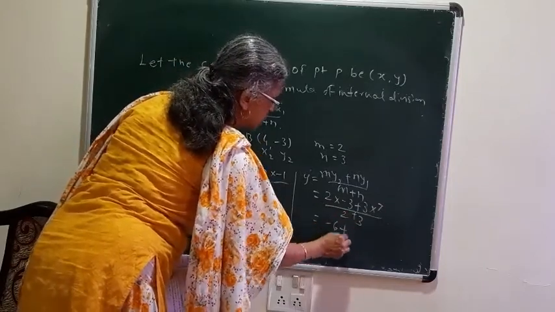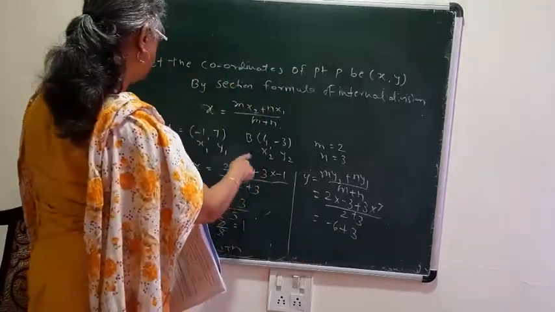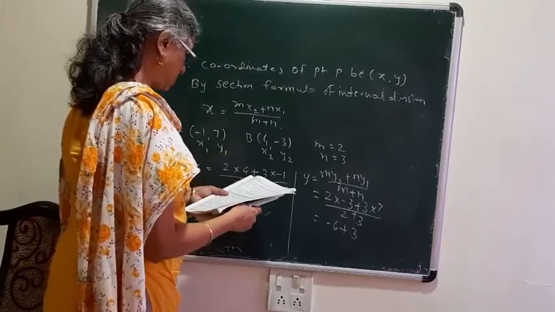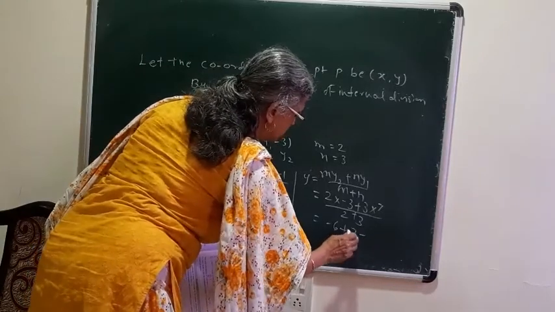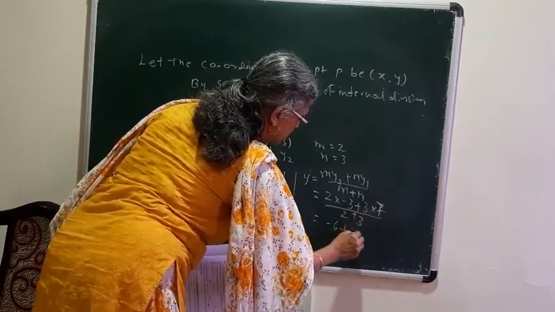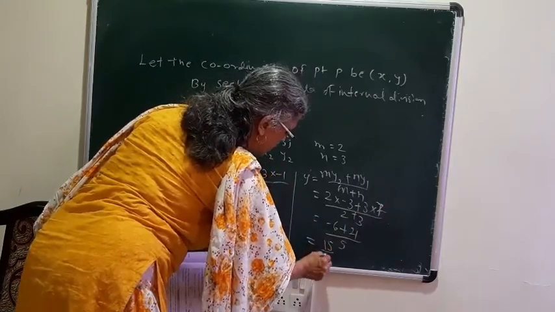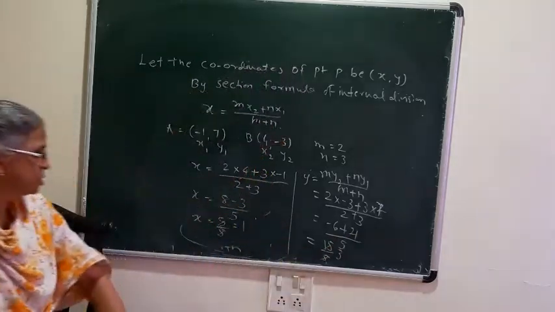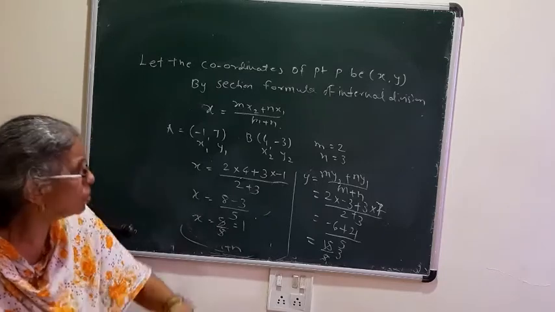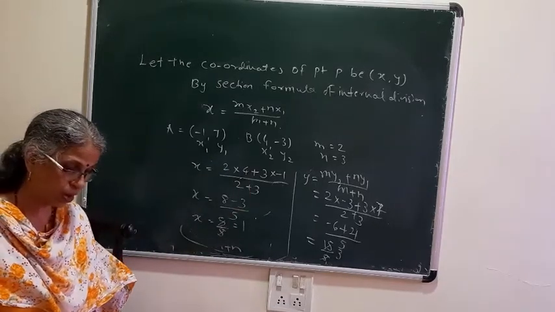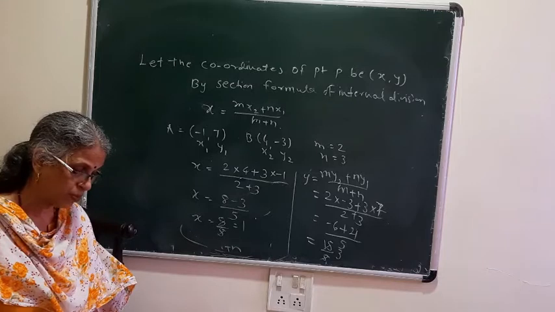So minus 6 plus 21 upon 5. So 21 minus 6 will be 15 upon 5. So 5 threes are 15. So 1 and 3 are the coordinates of P. That is how you are going to use the section formula of internal division for getting the coordinates of the point which is dividing the given line segment.